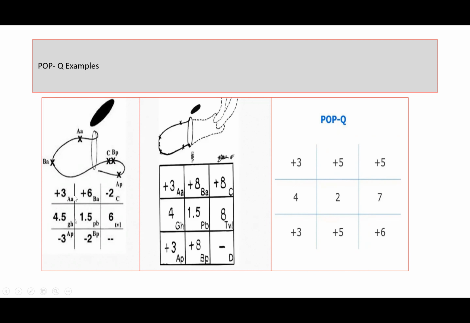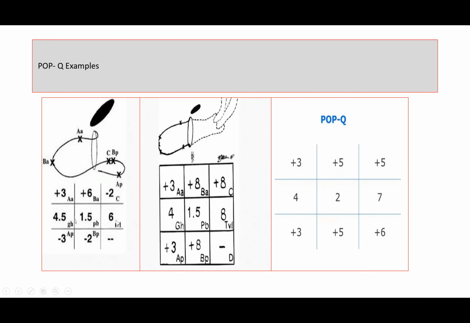Now, what is the stage of prolapse? So again, AA is plus 3. So whenever you see the values plus 3 or plus 6, if value is plus 3, go to stage 3. If you see value plus 6, plus 8 like this, most likely it's going to be stage 4. So stage 3 prolapse, again we know it is more than 1 plus up to less than TVL minus 2.